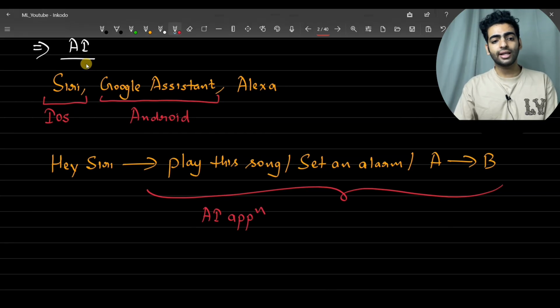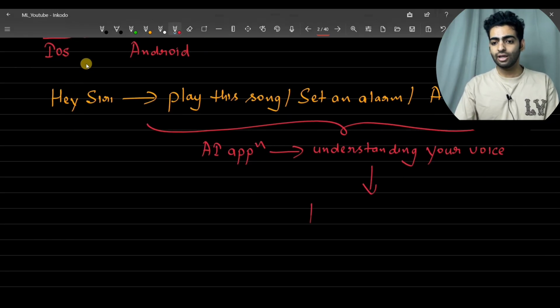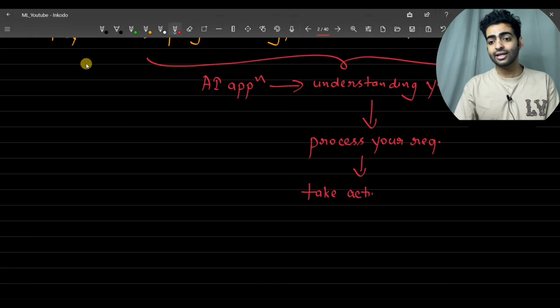That's what the AI applications actually will do. So these all are actually the AI applications because they're trying to understand your voice, right? Then they will actually process your request, and then at the end, all these applications will take actions without any human intervention or human involvement.